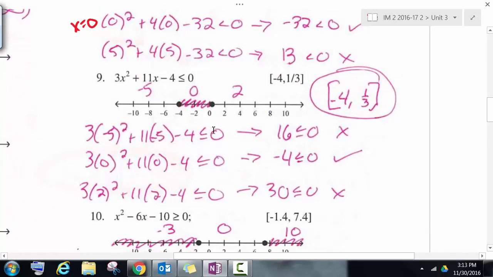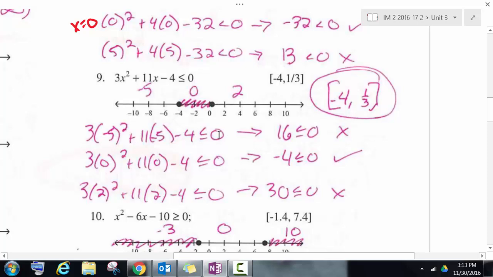Here, number 9, we have zeros of negative 4 and 1/3. We can't quite tell, so that's why I wrote it out. And we substitute in, I picked negative 5, always choose 0 because it's easy, and then 2.